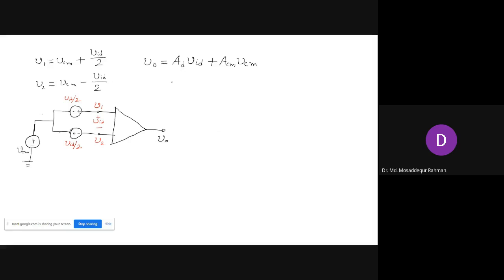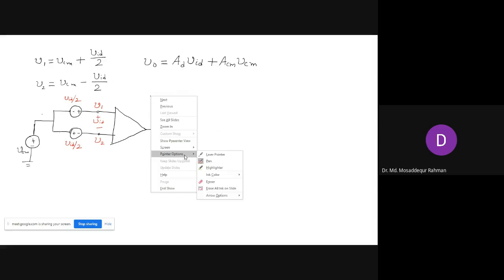Now, differential amplifiers are designed specifically to amplify the differential voltage, the difference between the two input voltages. That is what they are supposed to do, right?